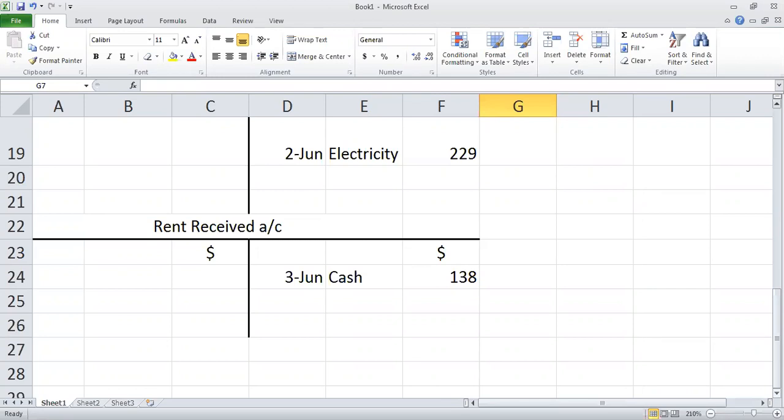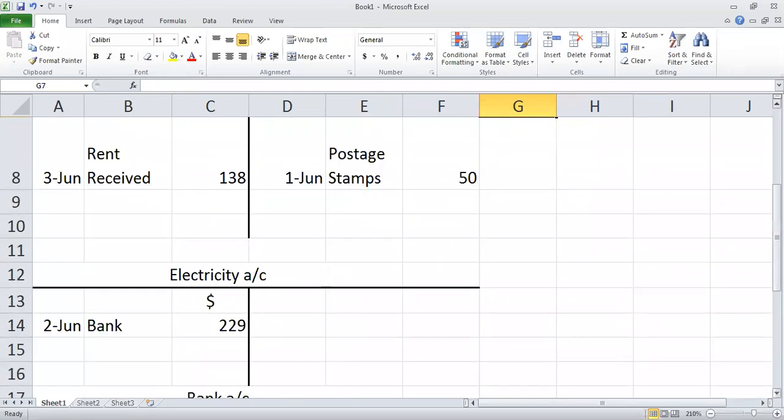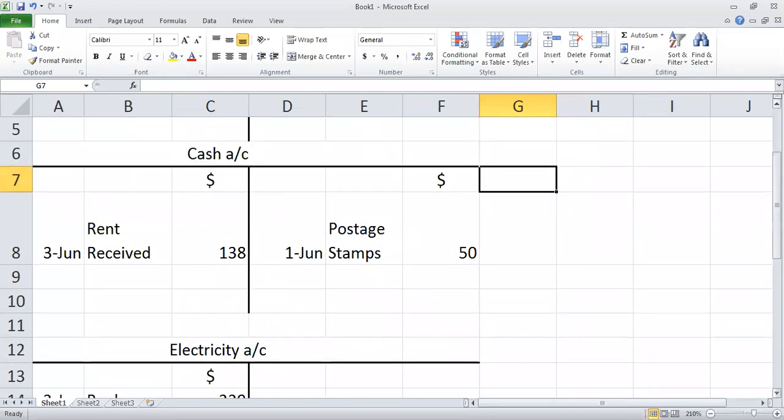Sir, can you scroll back up, please? To which one? Cash? Yes. You finished now? No. Go ahead.